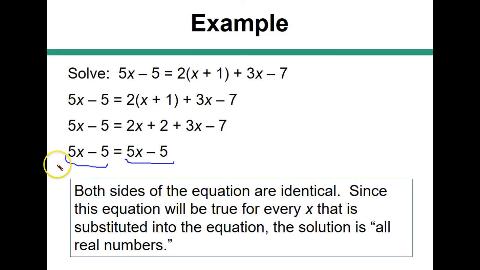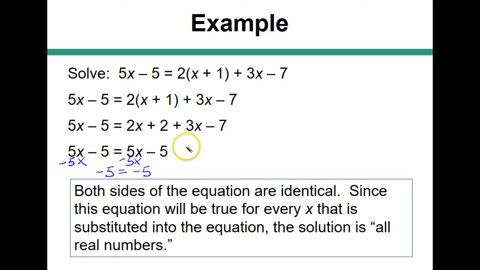Now, if we subtract a 5x from this side and subtract a 5x from this side, we end up with negative 5 equals negative 5. That is a true statement. When we end up with a true statement, we have, in a sense, an identity.